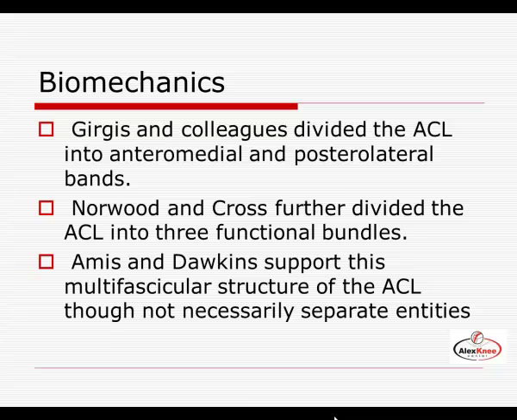So Amis and Dawkins came to support the multifascicular structure of the ACL, which is the closest to the truth. The anterior cruciate ligament is divided into a lot of uncountable fibrils and fibers that work in harmony as a multifascicular structure, though not necessarily separate entities.